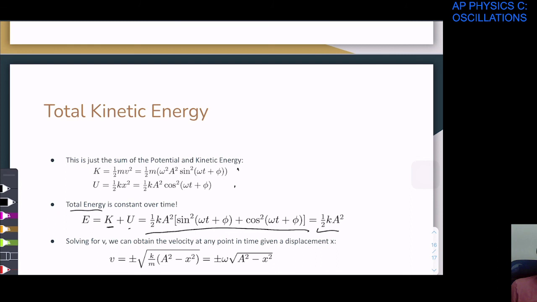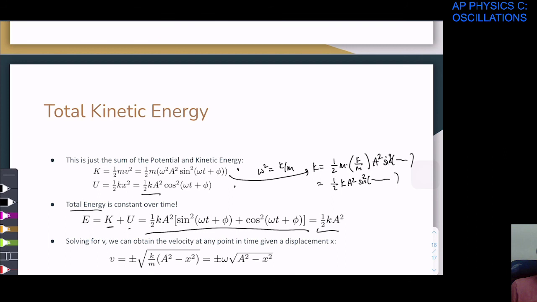You just observe here that omega squared is equal to k over m. So for this term, you would get 1/2 times m times omega squared, which is k over m, times A squared times sine of blah blah blah. Of course, the m's cancel out, so you get k times A squared times sine, and same thing over here, and you end up getting sine squared plus cosine squared, which is 1. So you just end up getting 1/2 k times A squared.